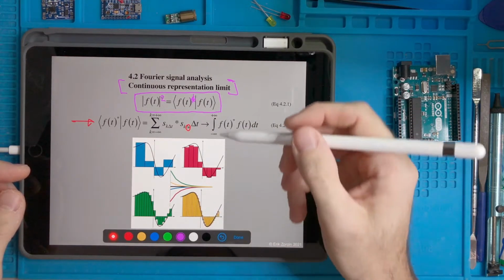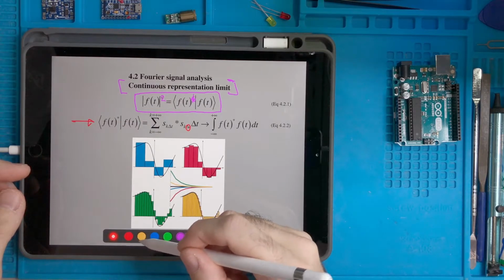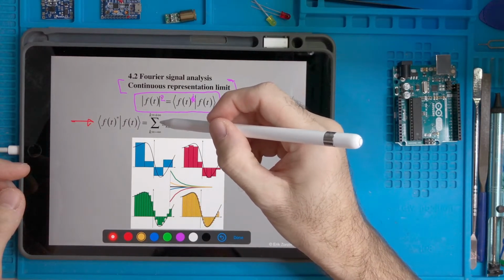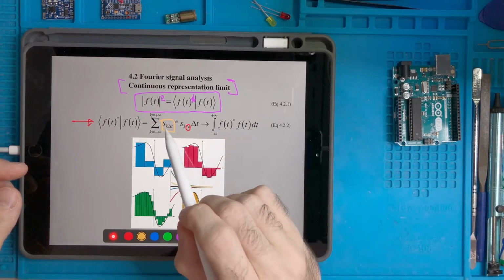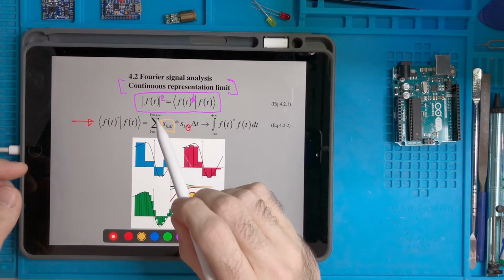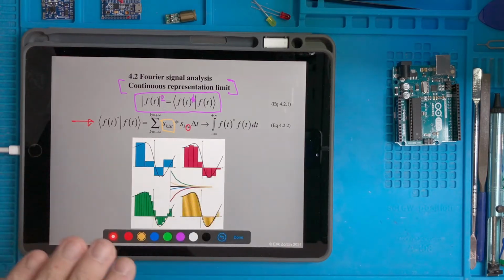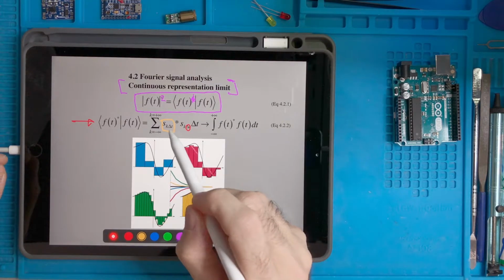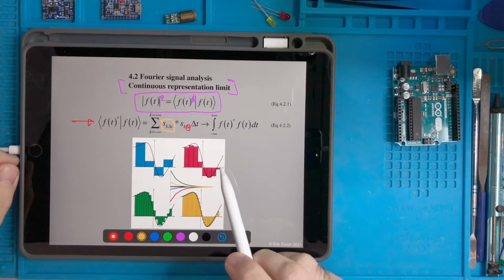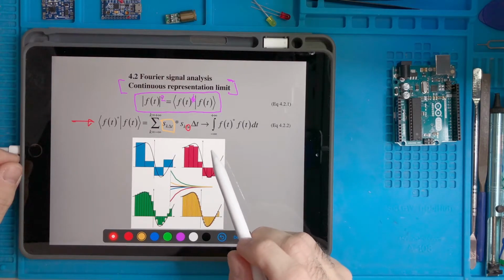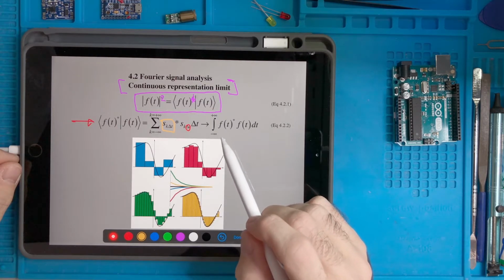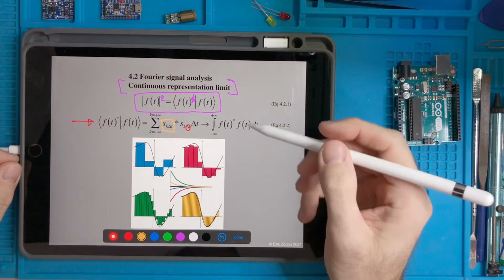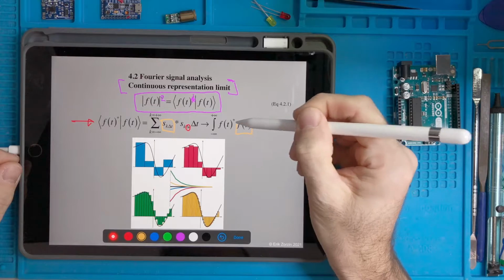Then those terms, f of k delta t, where k spans from minus infinity to plus infinity, for instance, so all the possibilities for this k delta t time instance, those were the values of f at a specific time instant t, and so basically they are f of t.